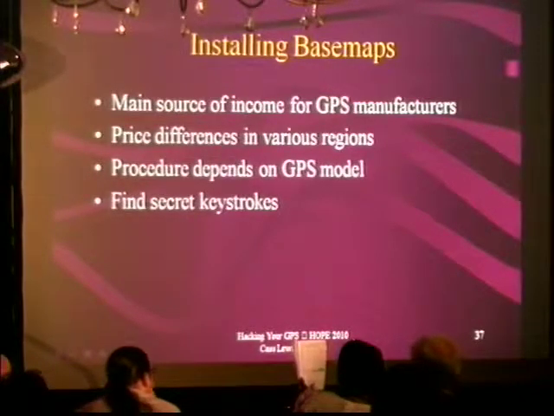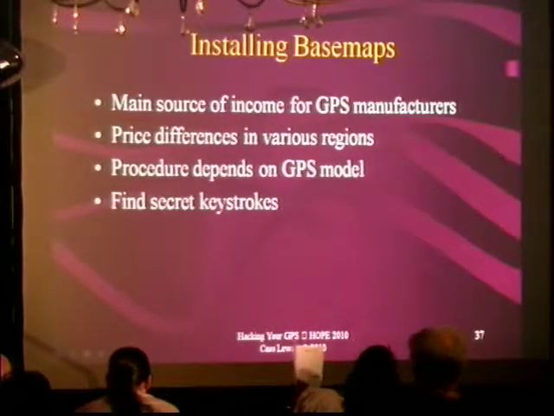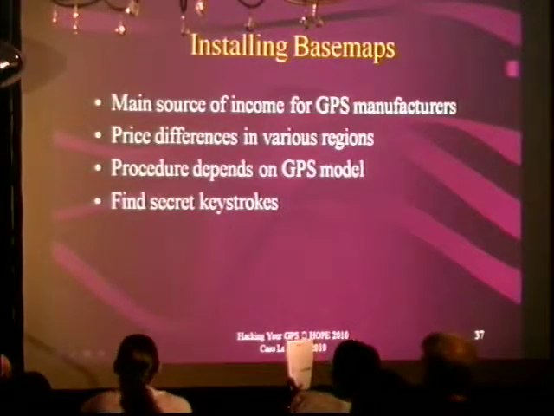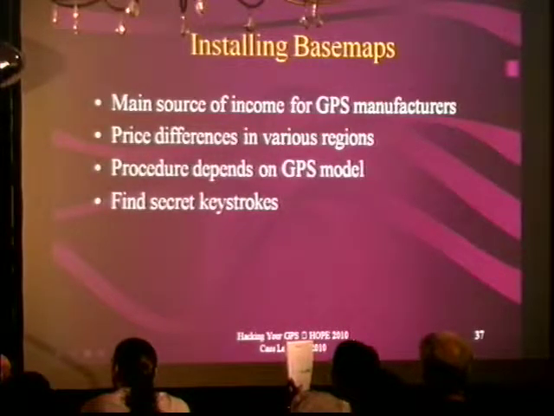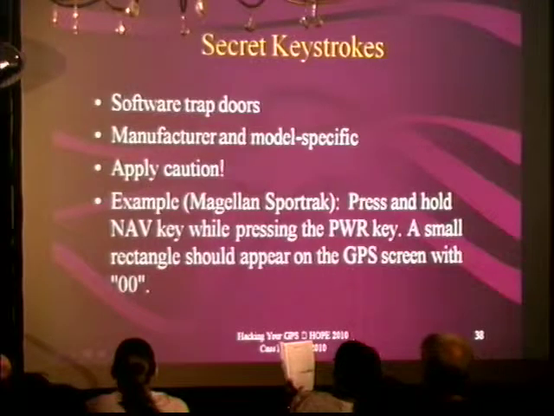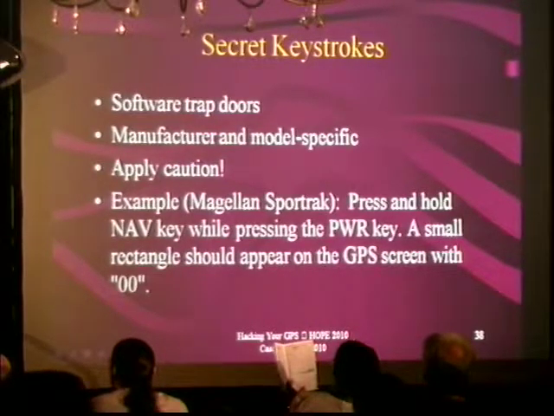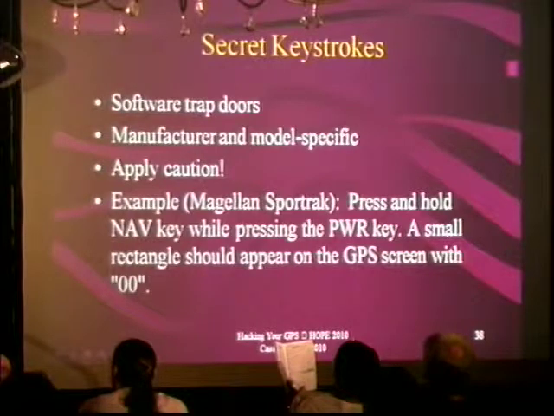The way you find out about it, there are news groups, and people just hack their GPSs and find out exactly what to do. I have a Magellan Sport Track, so you hold the navigation keys and the power key, and a little window will open with 0, 0.